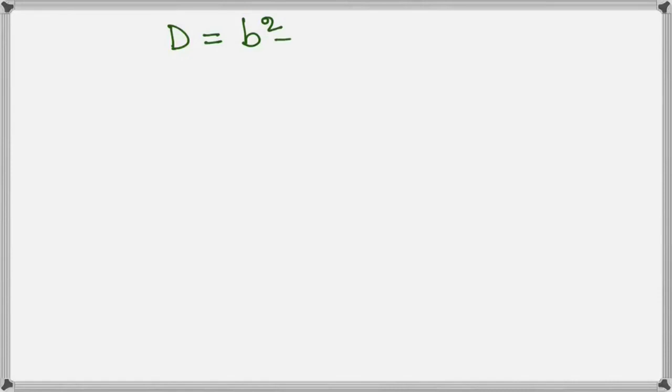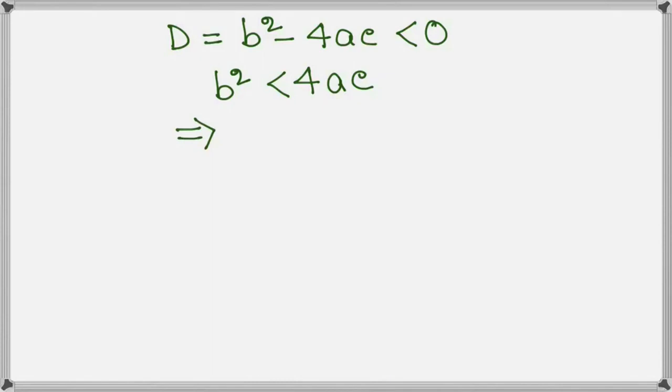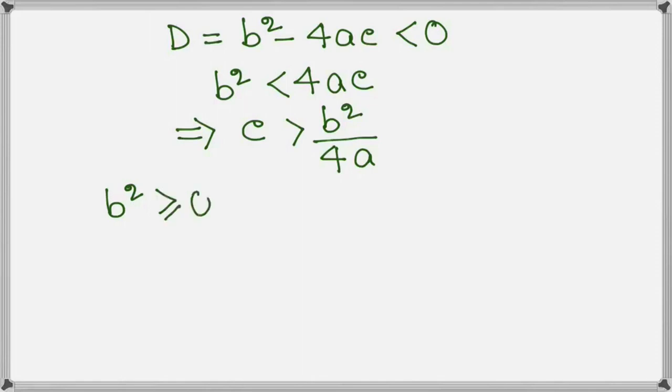Also, let us now note that no more subcases are left, because here D, equal to b squared minus 4ac, is strictly less than 0. So therefore b squared is strictly less than 4ac. So from here we get that c is strictly bigger than b squared divided by 4a. Now we know that b squared is always bigger than or equal to 0 and a is strictly bigger than 0.